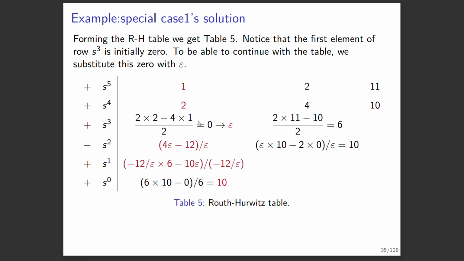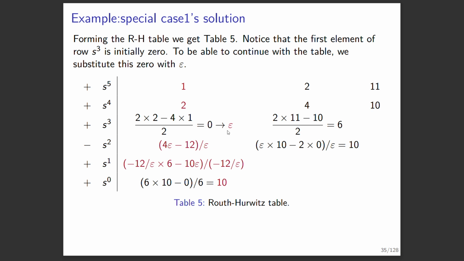To be able to continue, I already know I have instability, but in order to continue, I substitute that 0 with an epsilon, a very, very small positive number. Then I multiply epsilon by 4, subtract 6 times 2 from it, and divide by epsilon.